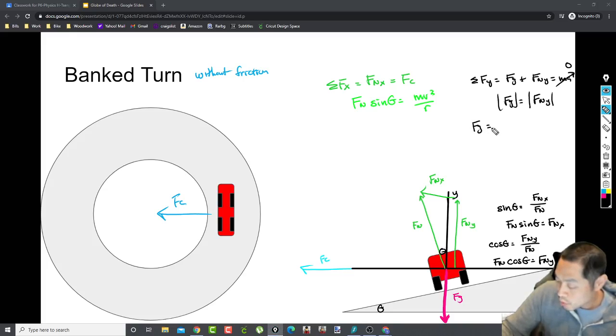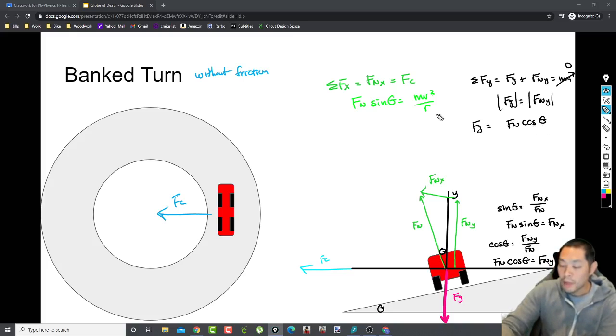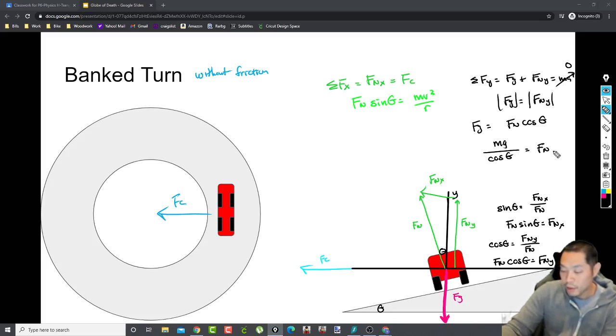Fg is equal to Fn cosine theta. But I want to substitute this thing out, so I'm going to move this to the other side. Mg, which is Fg, divided by cosine theta equals Fn. And you're like, okay, now I'm going to substitute this over here.